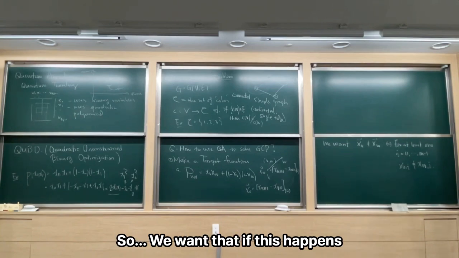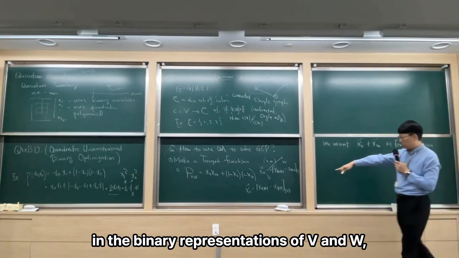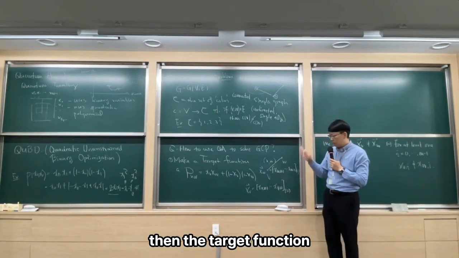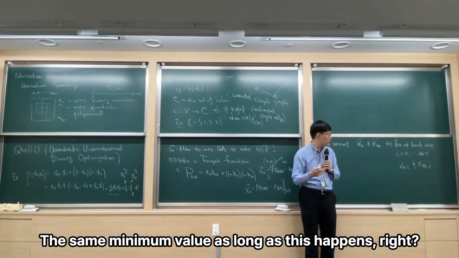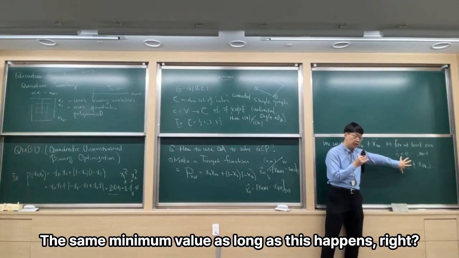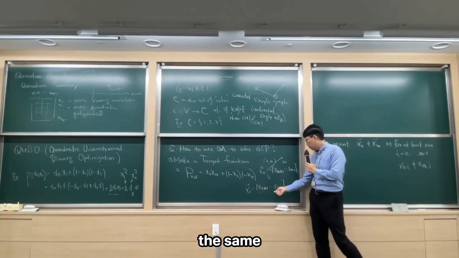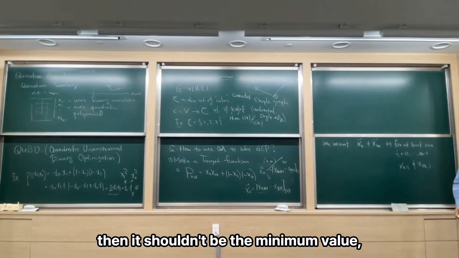So if this happens for at least one place in the binary representations of v and w, then the target function must have the minimum value, right? The same minimum value as long as this happens. But if it doesn't happen, which means these are the same all the way up to the last digit, then it shouldn't be the minimum value.